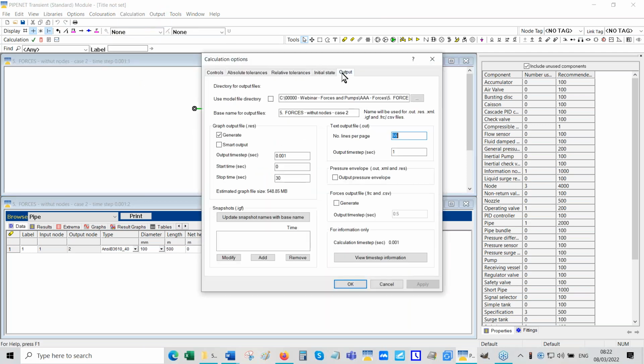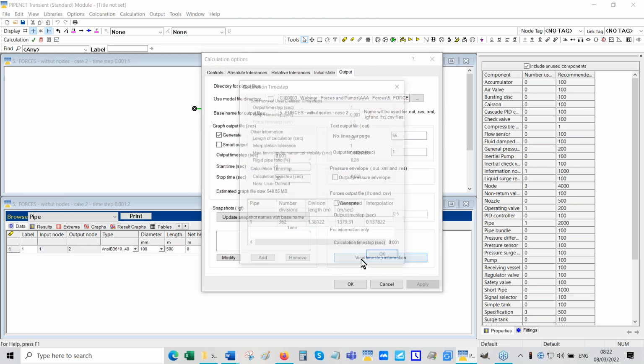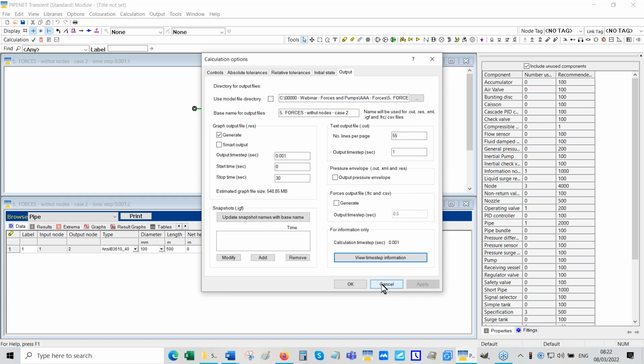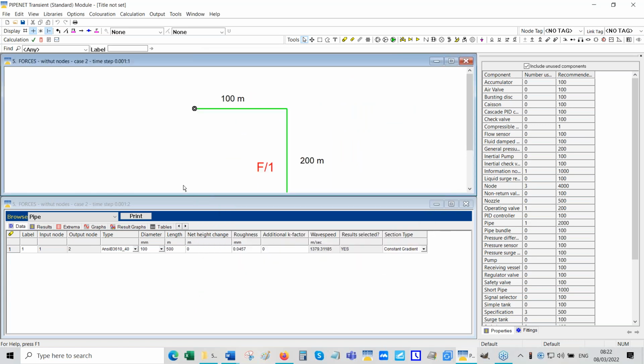What I will show you is that the number of divisions is 362. In the previous case, it was 7. So even that kind of difference didn't make that much difference to the results or the force time history. So, to take this approach is relatively good.